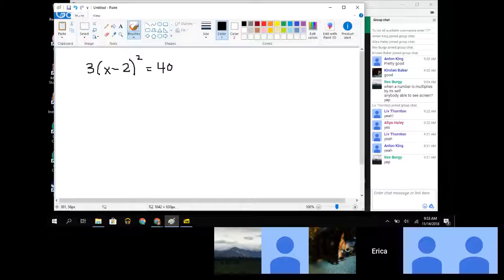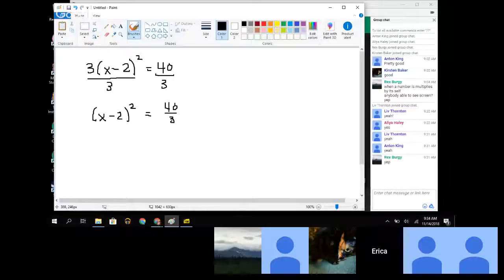So your first tendency with this problem might be to want to FOIL x minus 2 squared. But what we're actually going to do is try to use our square root properties to solve this. We're going to take 3 and divide both sides by 3. So we end up with x minus 2 squared equals 40 divided by 3.